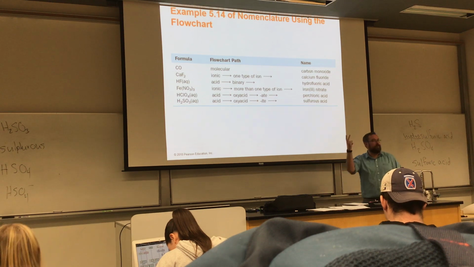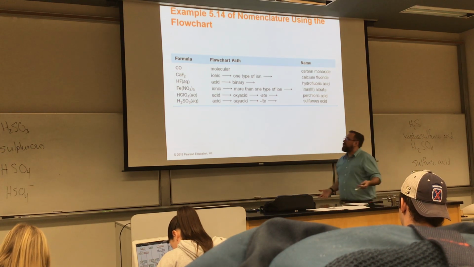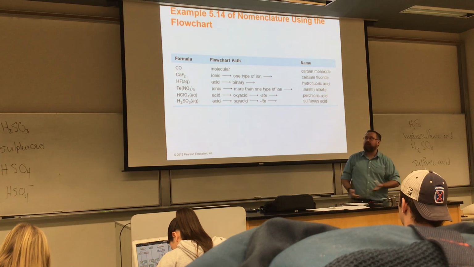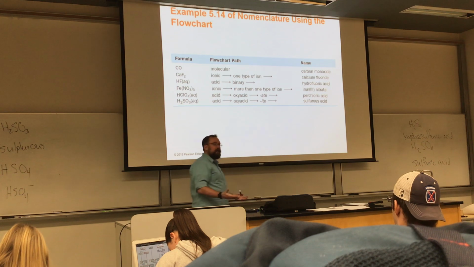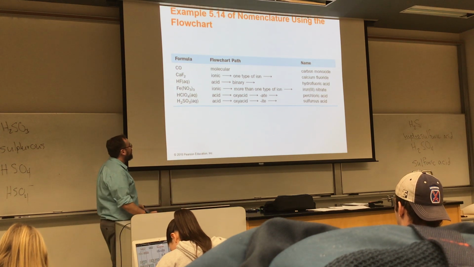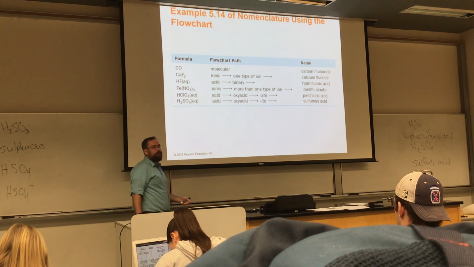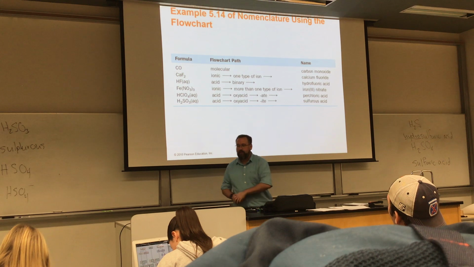Carbon and oxygen are really close to each other over on the non-metal side of the periodic table. Calcium fluoride, calcium we can find in the second column, and fluoride is a very non-metal, so it must be ionic, and it's a type 1 metal, so calcium always forms a +2 charge, so it's calcium fluoride.